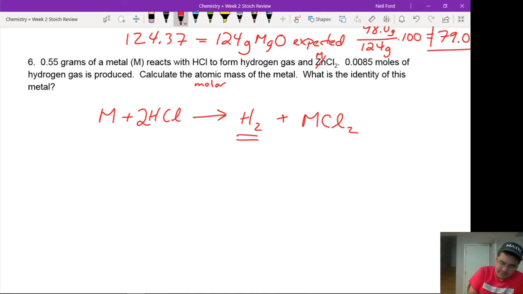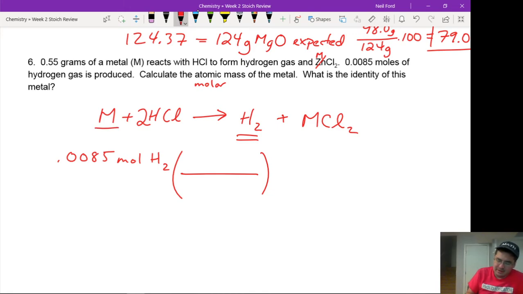So you start with what's given, 0.0085 mole H2, and we need to figure out how many moles of metal that was. So I look at the ratio between H2 and metal, and it looks like a 1-to-1 ratio.